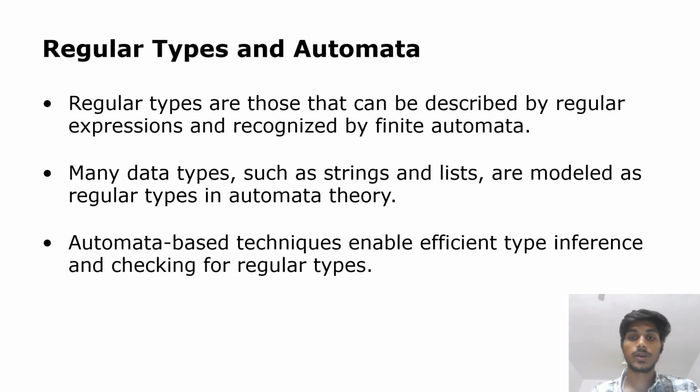Regular types and automata: regular types are those that can be described by regular expressions and recognized by finite automata. Many data types such as strings and lists are modeled as regular types in automata theory. Automata-based techniques enable efficient type inference checks for regular types.